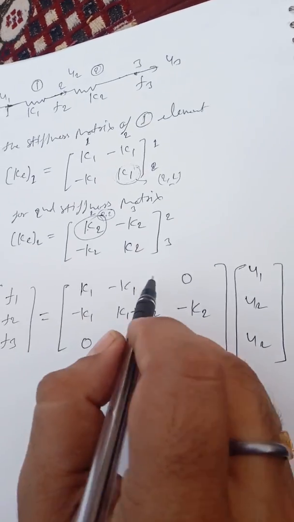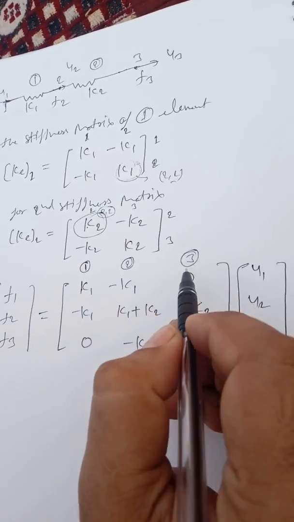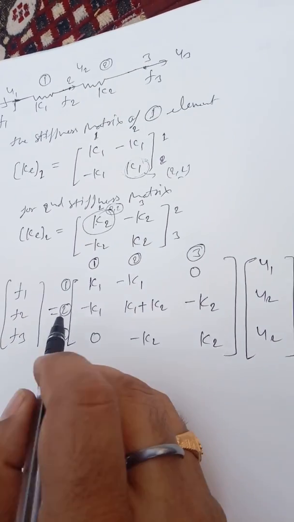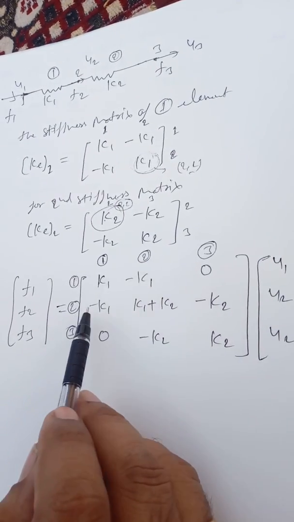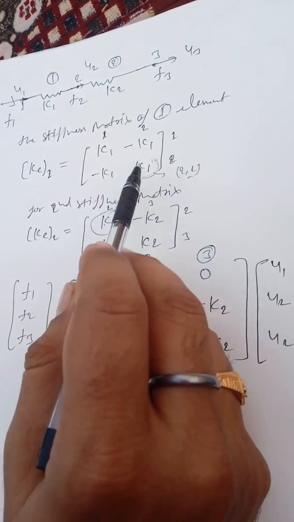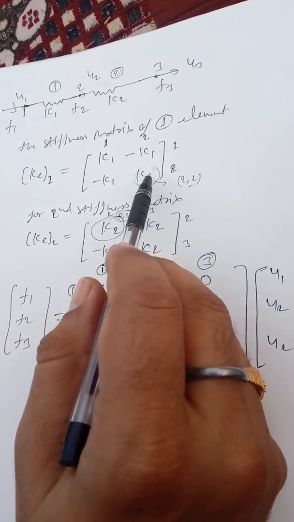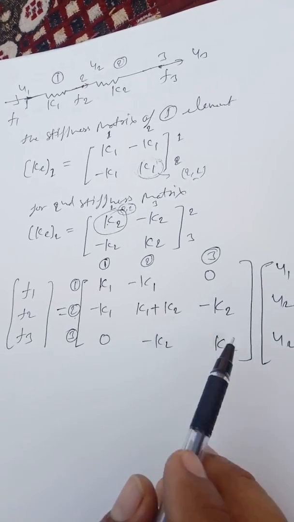This is the first node, second node, third node, and here is the first node, second node and third node. So for the second node, K2 is added to K1 here, that's why we are adding here.